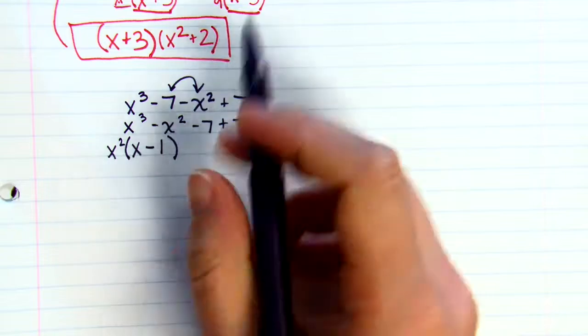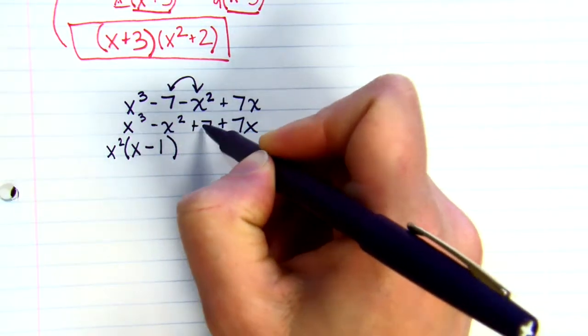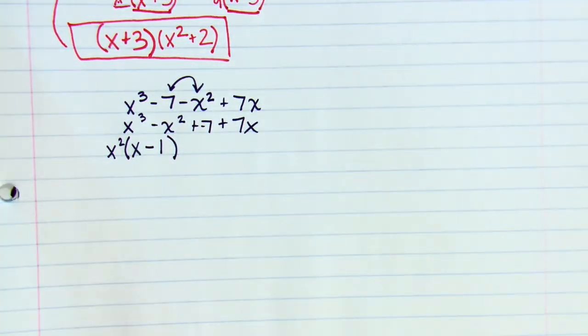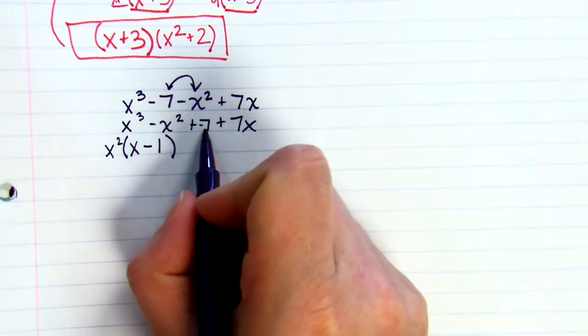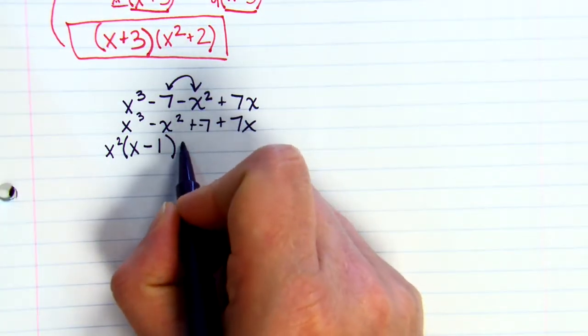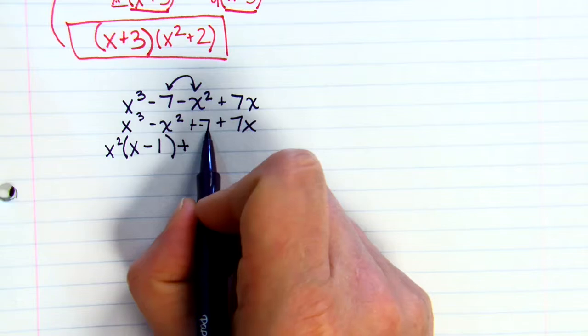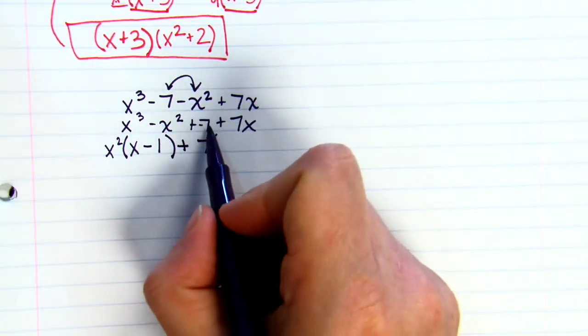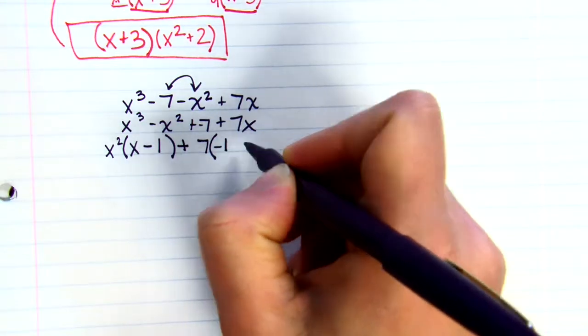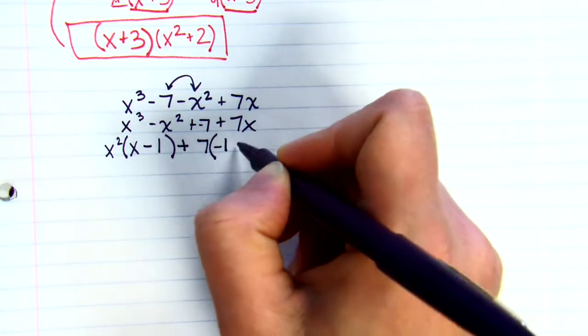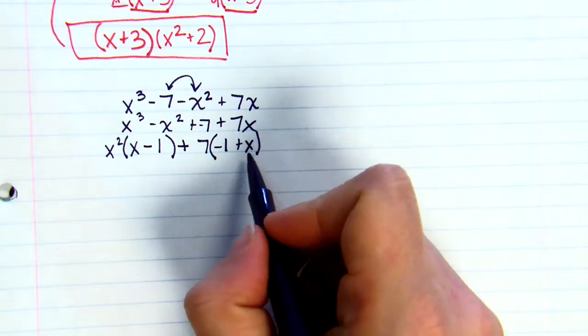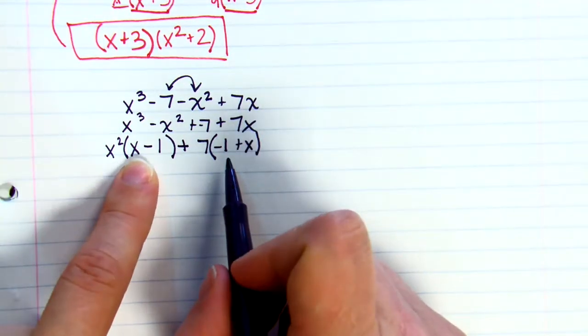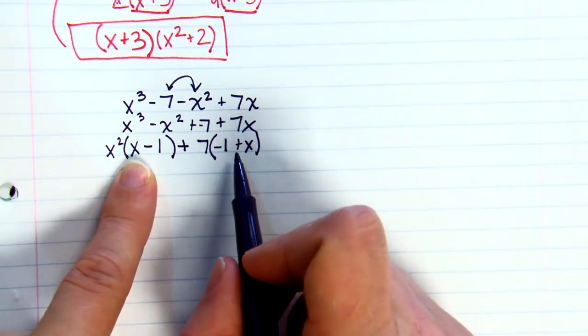And then here, let's write this as adding a negative 7 for a second. I'm pulling out a 7. So what will be left is a negative 1 from here and an x from here. And when you look at those, you're like, oh, but this is x minus 1, this is negative 1 plus x.